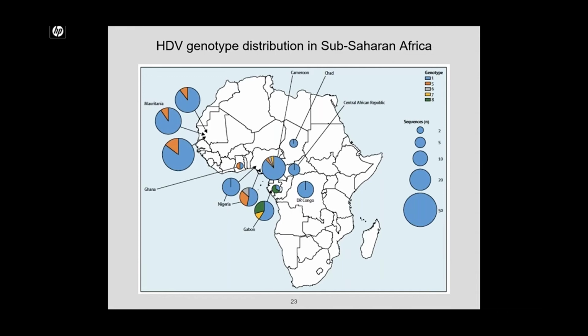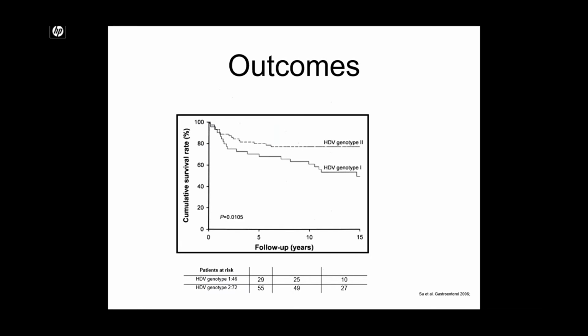So it's important to know the geographical area so that you also screen individuals who move from these areas when they present to a low prevalence area. So in Africa, genotype 1 and 5 to 8 are the most prevalent, also in Sub-Saharan African countries.